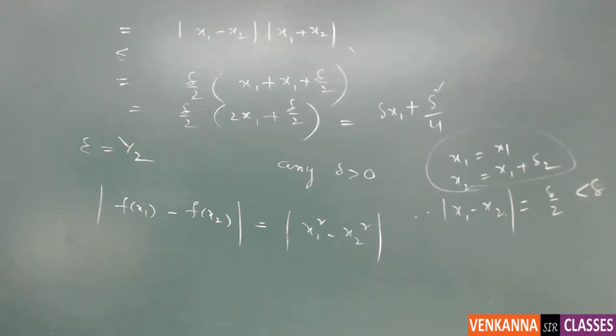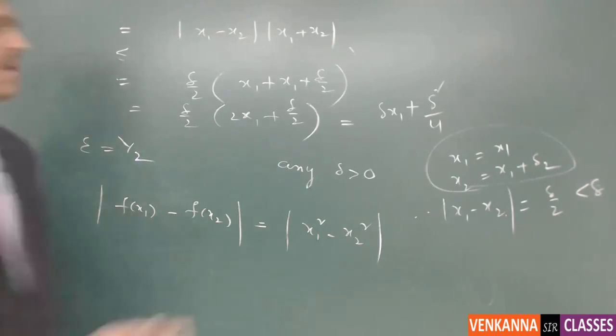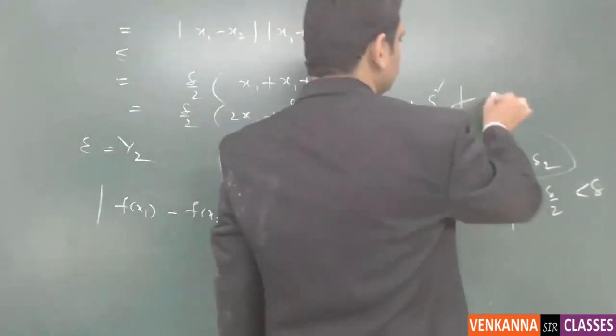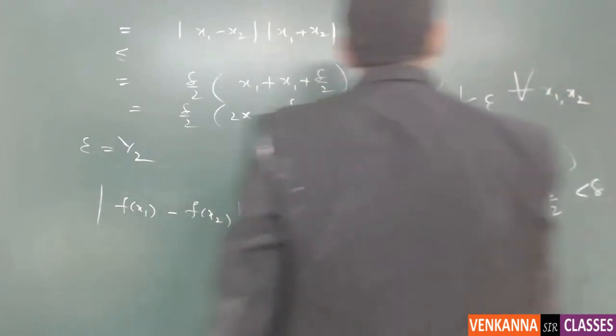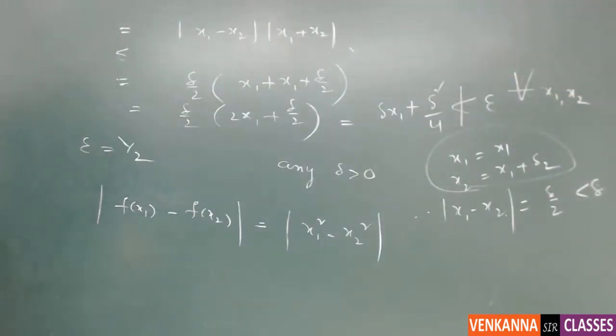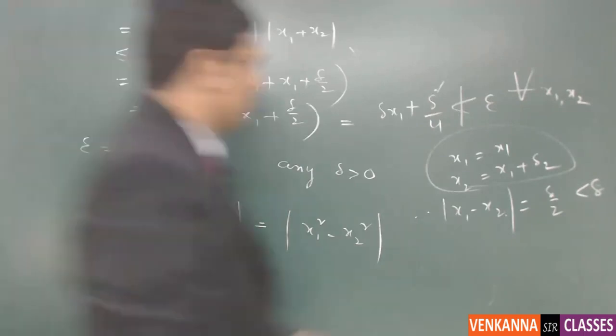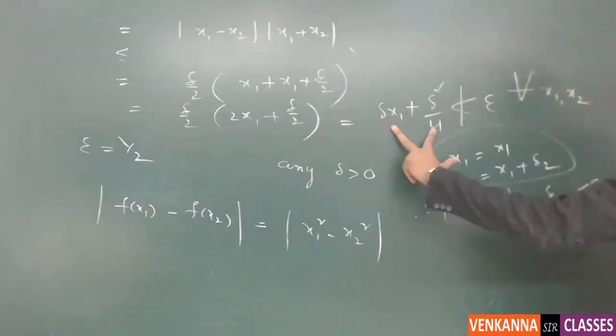If you calculate mod f of x1 minus f of x2, now what I am saying is that this value is not less than epsilon for all x1, x2. Because if you want to say that the value is less than epsilon, it is nothing but two positive numbers.